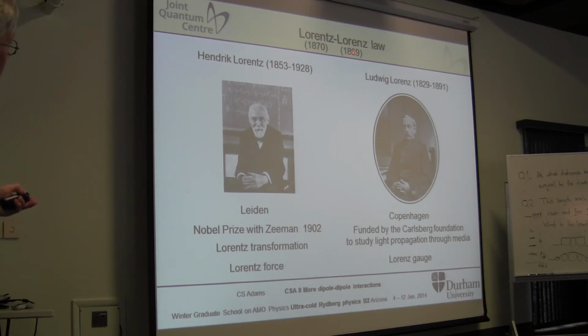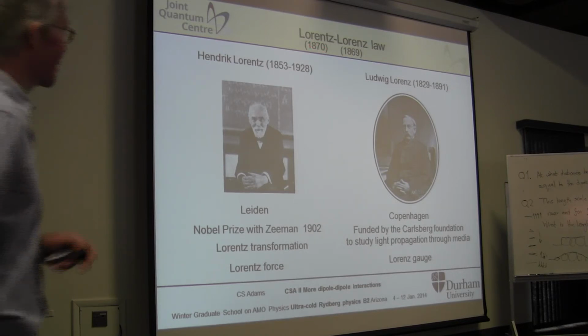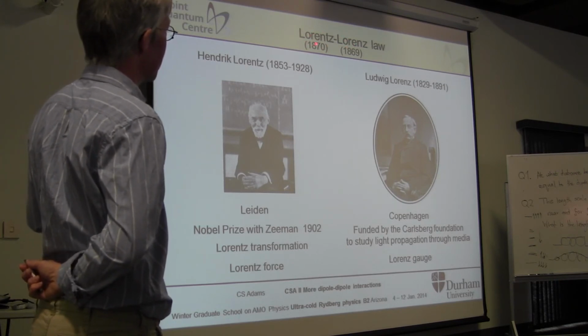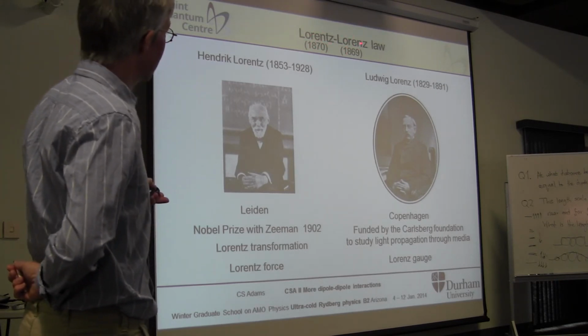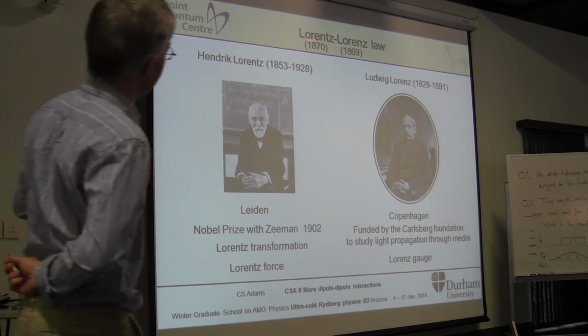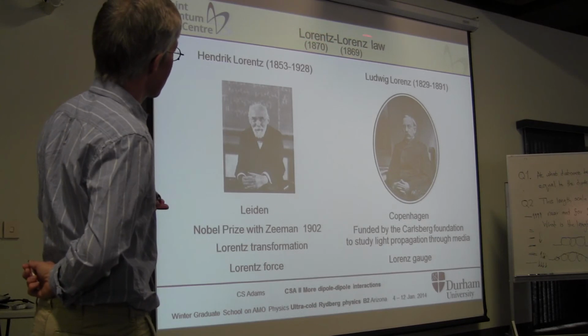Now, Lorenz was from Denmark, and he discovered the Lorenz law in 1969. And Lorentz discovered his in 1970, so one year later. But it's always called the Lorentz law, and then often we just talk about the Lorentz correction and so on. So the Lorenz gets forgotten, which I think is sad. But I think it must be because Lorentz got more famous and won a Nobel Prize, whereas Lorenz didn't.